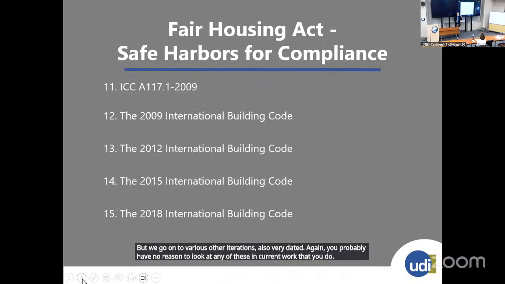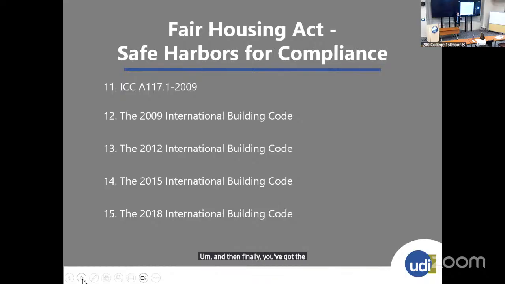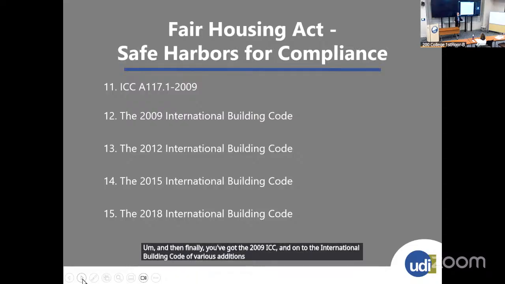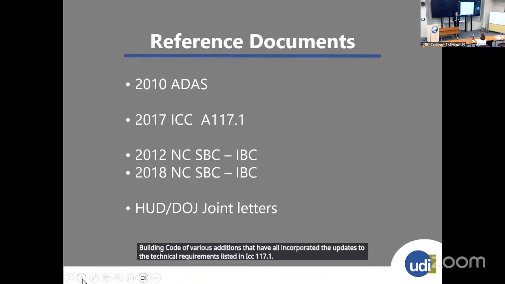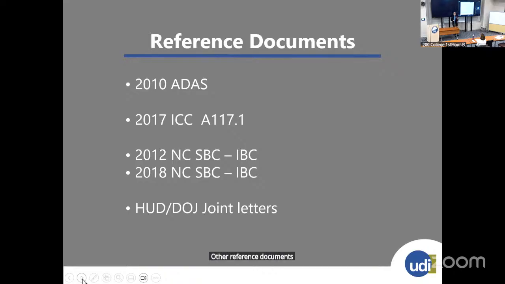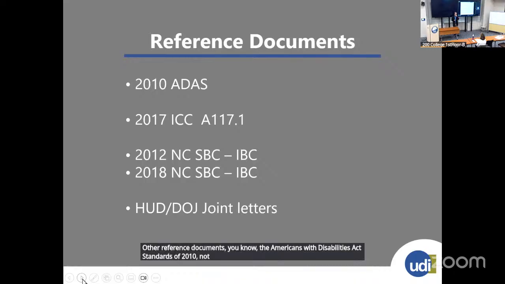And then finally, you've got the 2009 ICC and on for the International Building Code of various editions that have all incorporated the updates to the technical requirements listed in ICC A117.1. Other reference documents, you know, the Americans with Disabilities Act standards of 2010, not bad.